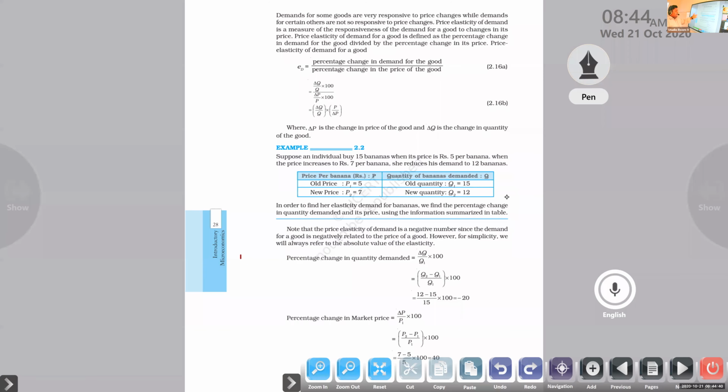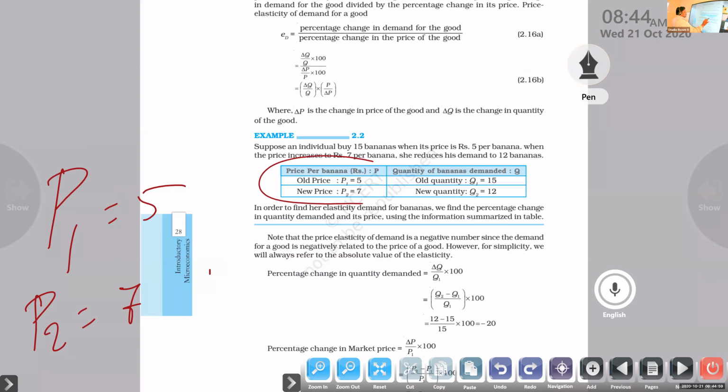Here we can see the price of banana, that is P. The old price is P1, equal to 5, and the new price is P2, equal to 7. Page number 28, check there. The new price is 7 rupees.